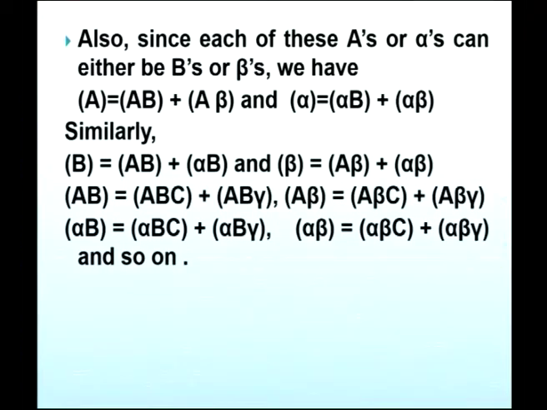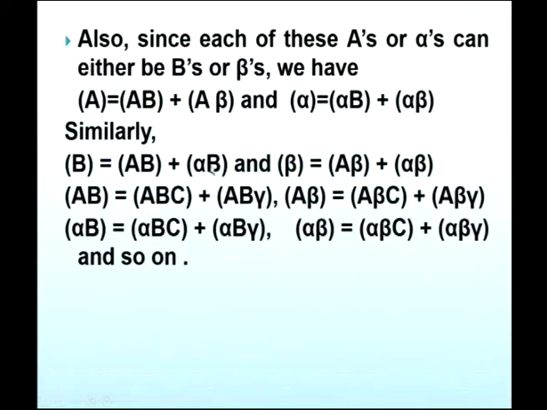What is that A? A can be represented as possession of AB plus A beta. Similarly, alpha can be represented as alpha B plus alpha beta. Then similarly, B can be represented as AB plus alpha B. A is possession of attribute A along with B, and alpha B represents possession of not A but B is present.